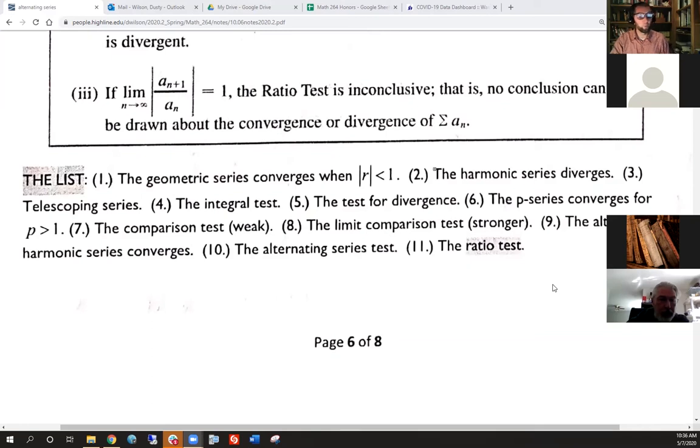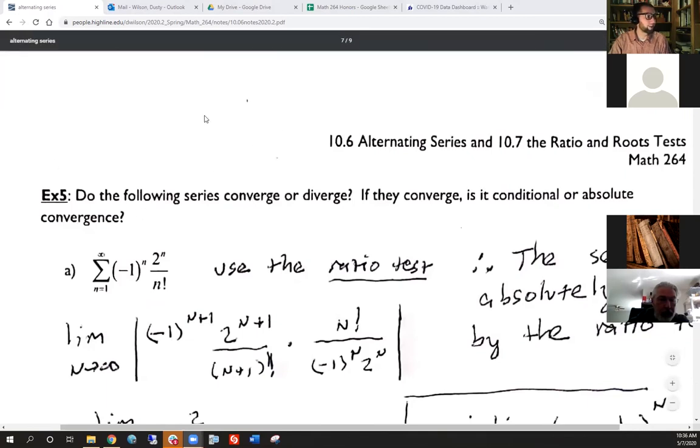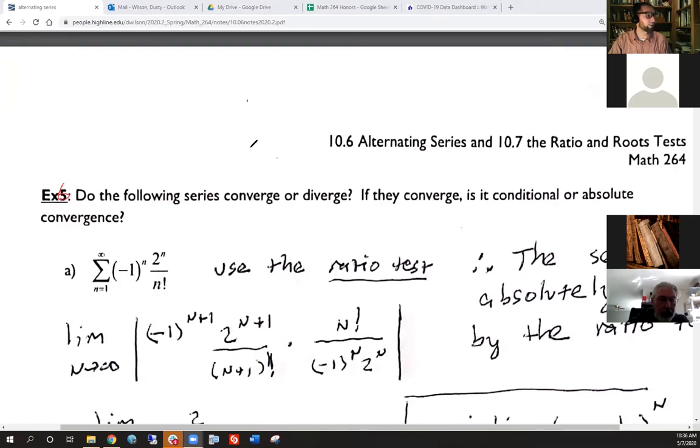On Tuesday, we'll talk about what the best tests are to use and when to use them. But at the moment, we're getting to probably the best test that's out there, maybe limit comparison test being number 2. So let's do a couple of examples, beginning with example 5, which is actually example 6.